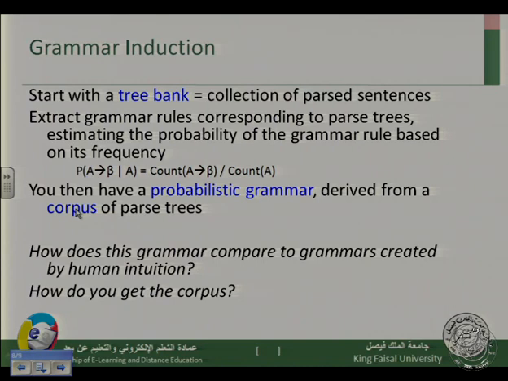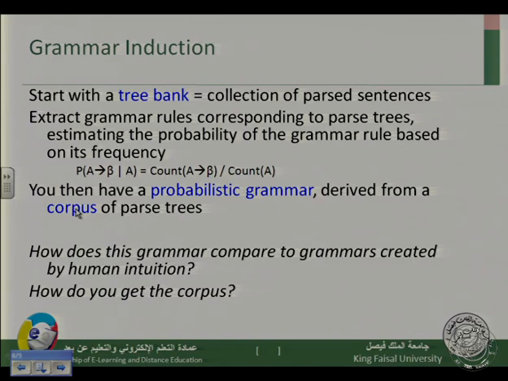So if you collect your trees into a bank, this is called what? You remember? A corpus, yes. So you have a corpus now, and then you derive from this corpus, from all of these trees, what is probable to happen. This is called probabilistic grammar.